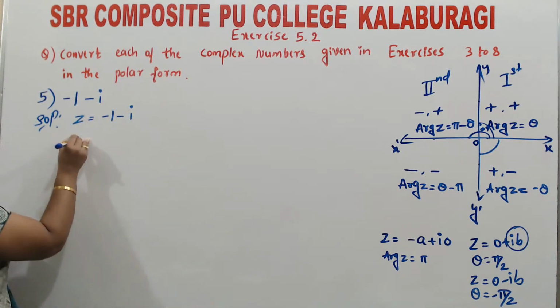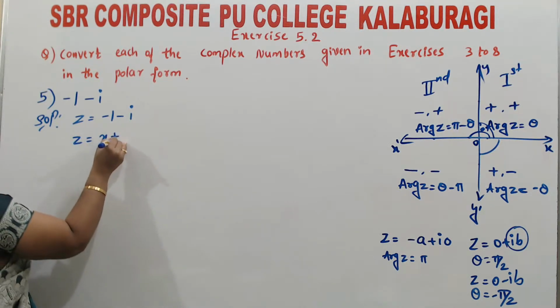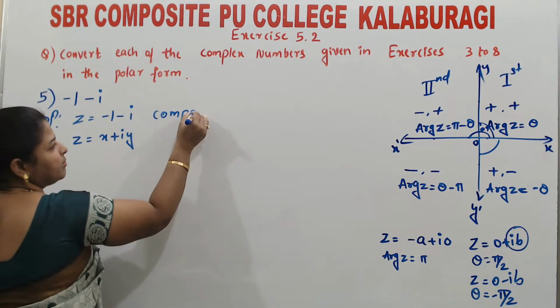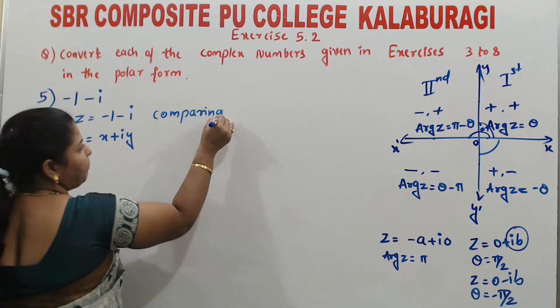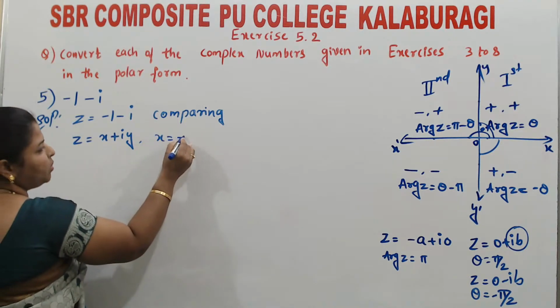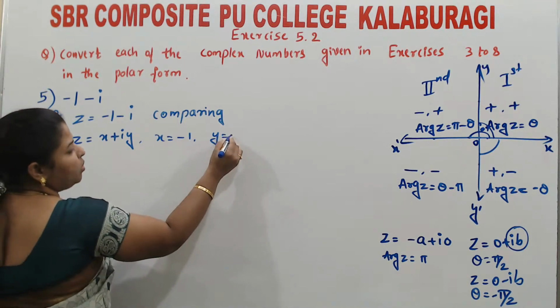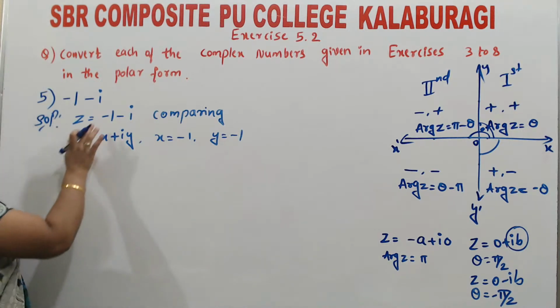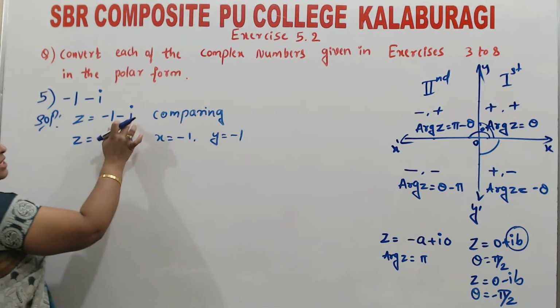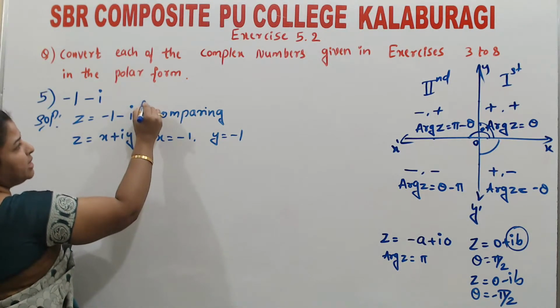Comparing this complex number with z is equal to x plus iy, x is equal to minus 1, y is equal to minus 1. X value is also minus 1, y value is also minus 1.